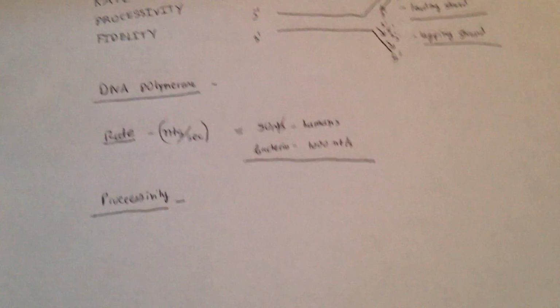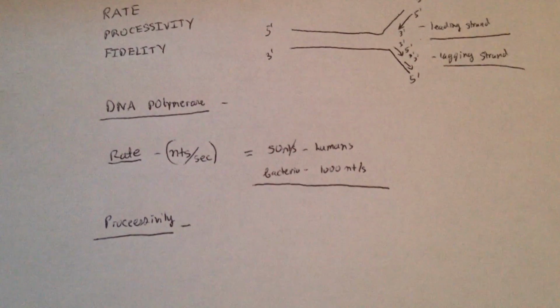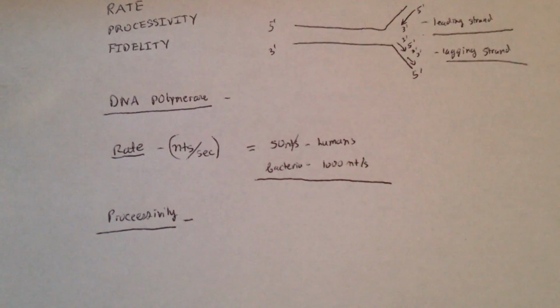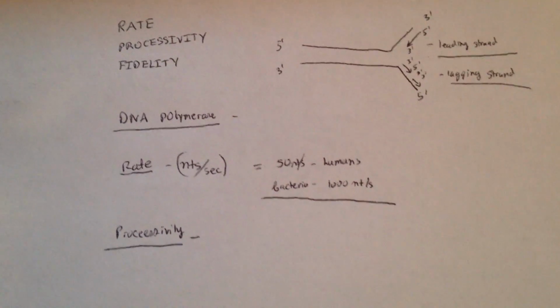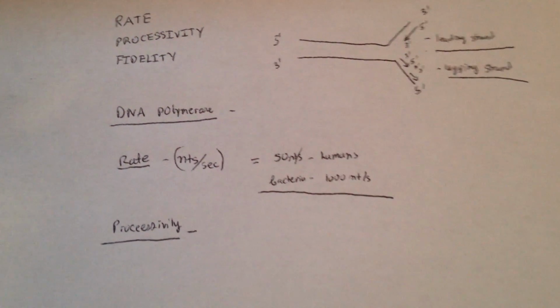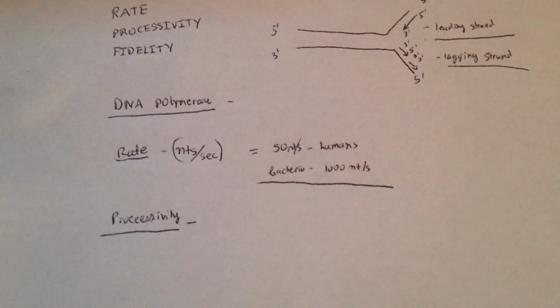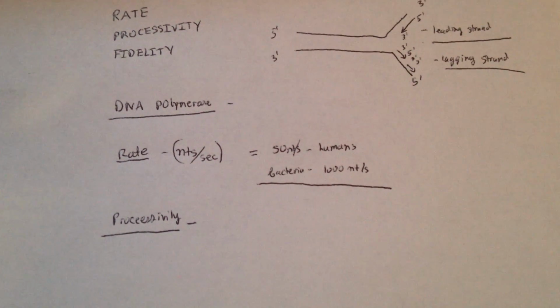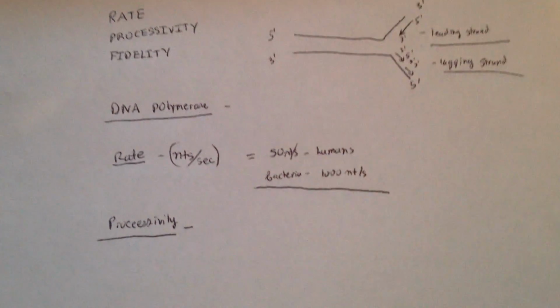So a higher processivity means the DNA polymerase can run faster once it's bound. A non-processive DNA polymerase adds nucleotides at the rate of 1 nucleotide per second. Processive DNA polymerases, however, can add multiple nucleotides per second, drastically increasing the rate of DNA synthesis, and the degree of processivity is directly proportional to the rate of DNA synthesis.